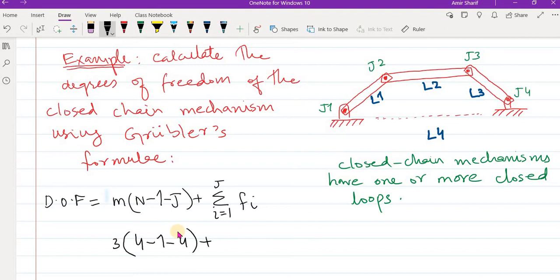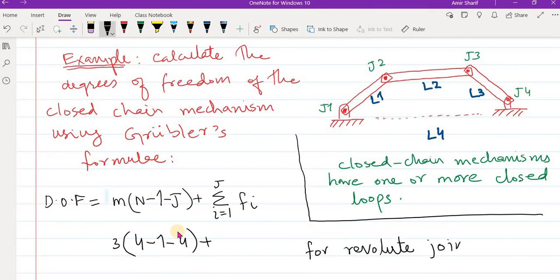We know that for a revolute joint, the degree of freedom is equal to 1.